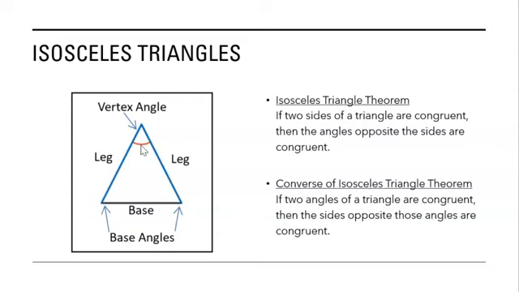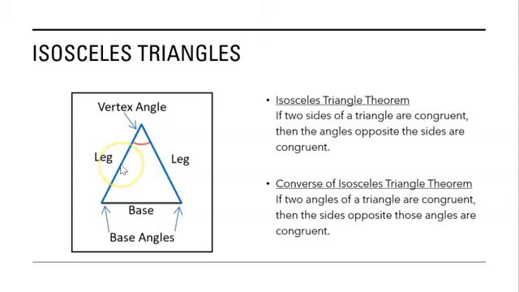Now the theorems we have are the isosceles triangle theorem and its converse. The isosceles triangle theorem says that if 2 sides of a triangle are congruent, meaning if a triangle is isosceles, then the angles opposite the sides are congruent.